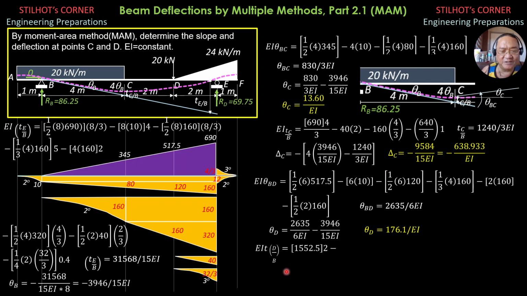So the EI deviation of D relative to B is this area. We use these same areas. We just provide moment arms. So 1552.5, then 1/3 of 6 is 2, then minus this area is 60 for this rectangle, and the moment arm is 3.